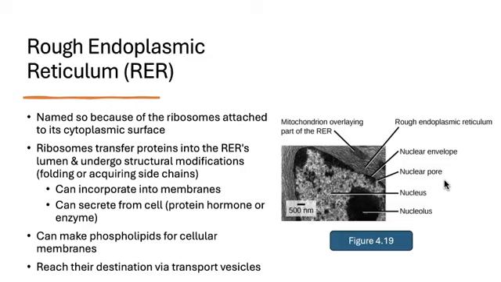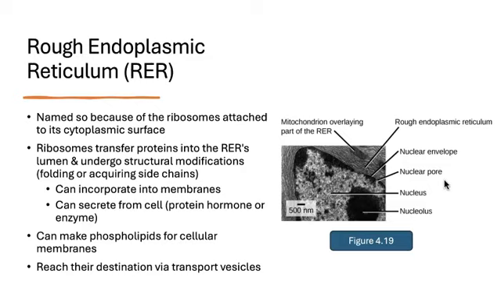And the ribosomes are also there because they transfer the proteins into the RER's lumen, where they're going to start to have structural changes take place, where we'll fold them and acquire side chains. So more molecules basically attaching to these proteins.